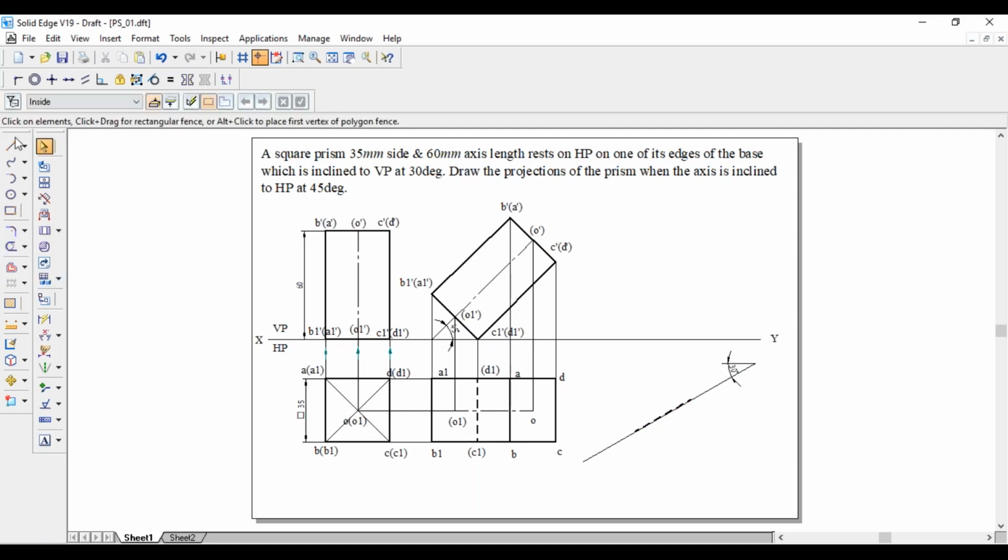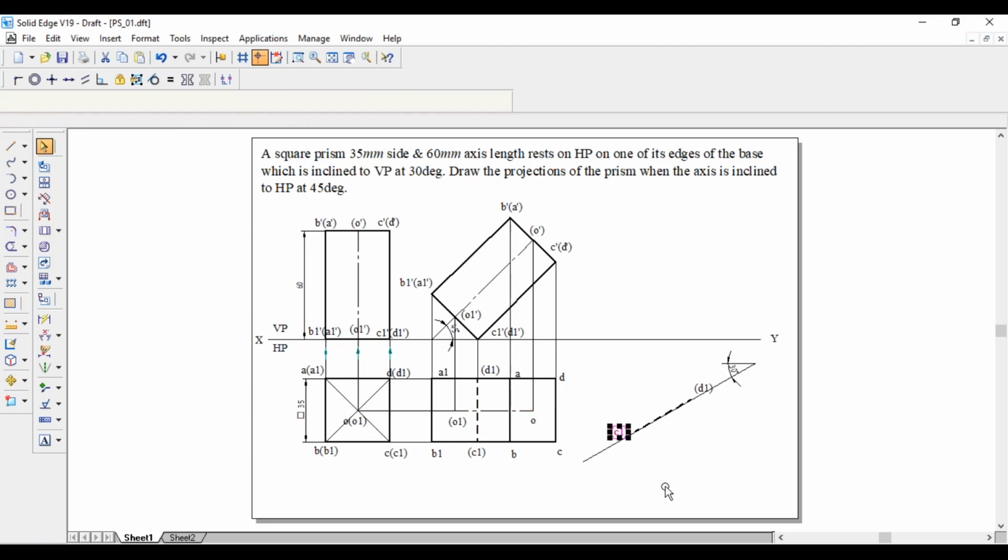Now, remaining portions. So this one is D1, this one is C1. As I don't have more space here, I will go with left side of this C1 D1 above 30-degree line and below 30-degree line right side of this one.